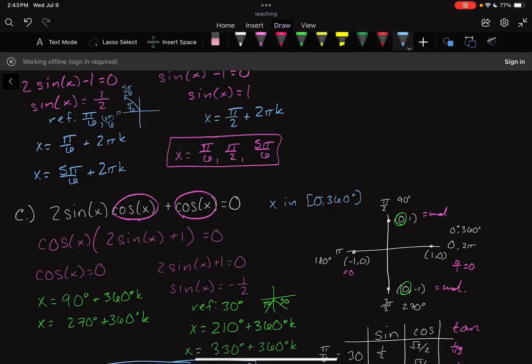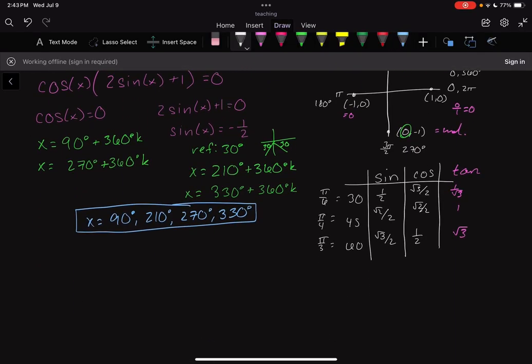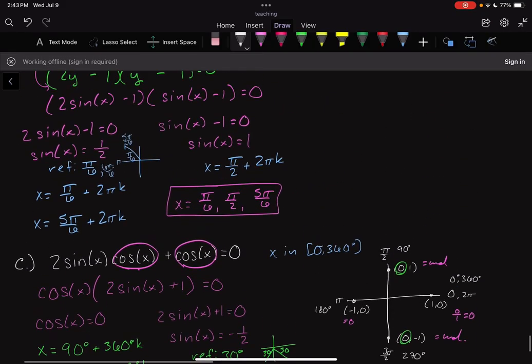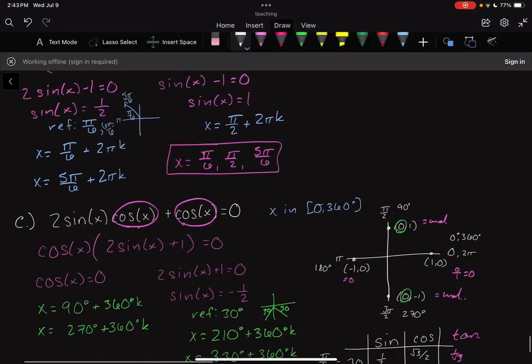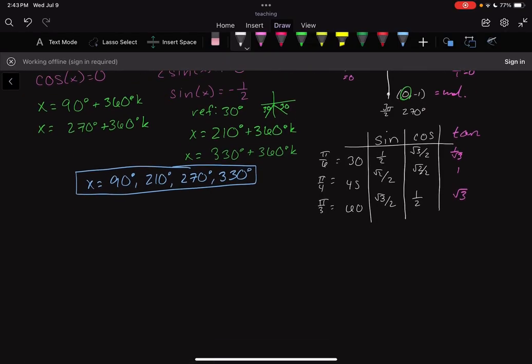All right. Next, I want to get into using some identities to help you solve equations. So I'm going to go ahead and do example 3. I'm still just going to say solve, and then I'll say use an identity to help.